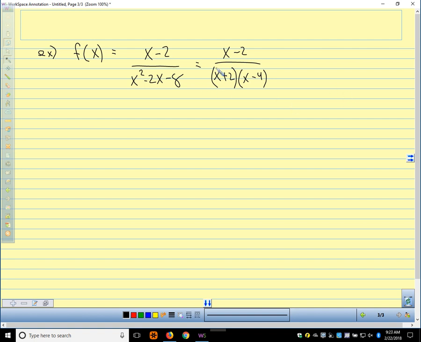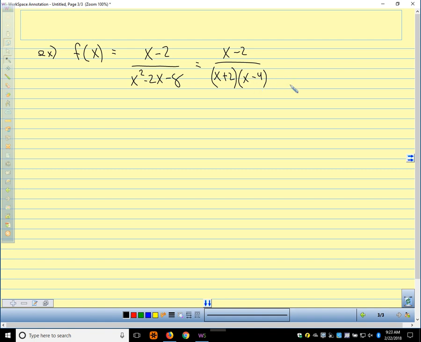The first thing I would check when you factor is to make sure you don't have any holes, where the numerator and denominator are 0 at the same time. I don't have the same factors in the numerator and denominator, so I don't have any holes. A hole can't be an asymptote. A hole can't be an intercept. A hole is only a hole.